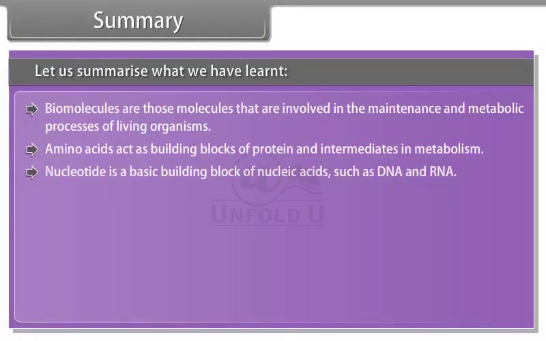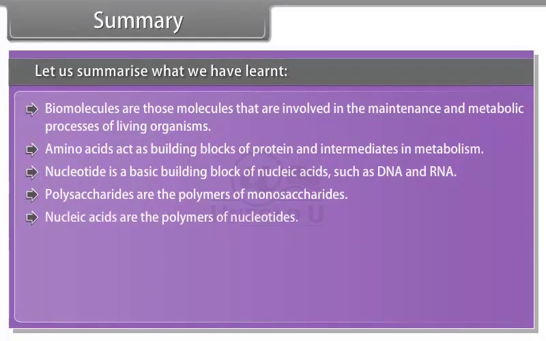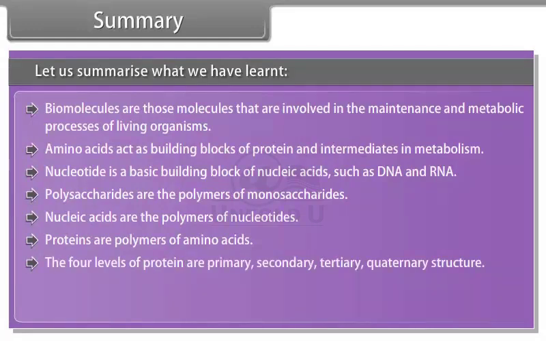Nucleotide is a basic building block of nucleic acids such as DNA and RNA. Polysaccharides are the polymers of monosaccharides. Nucleic acids are the polymers of nucleotides. Proteins are polymers of amino acids. The four levels of protein are primary, secondary, tertiary, and quaternary structure.